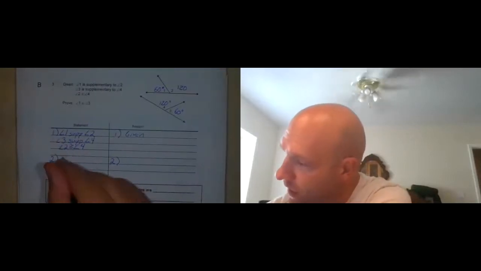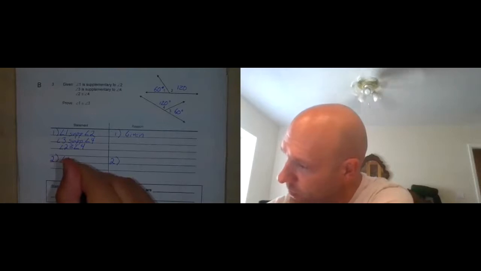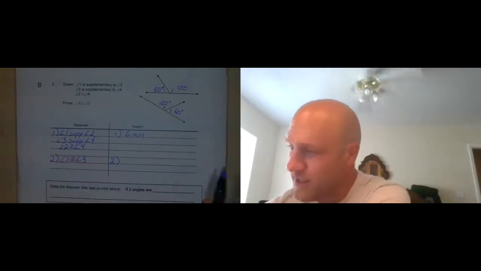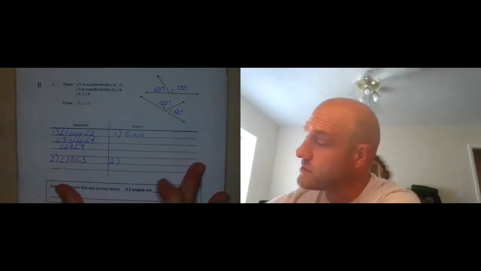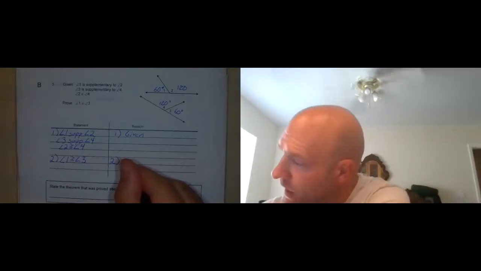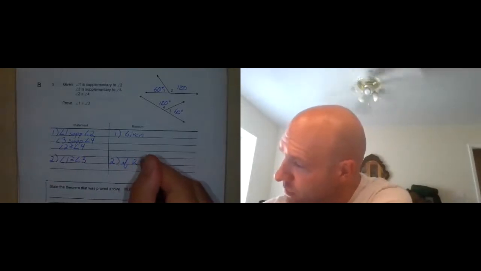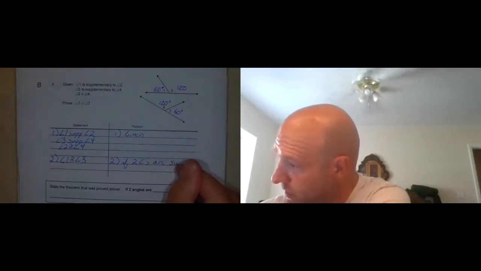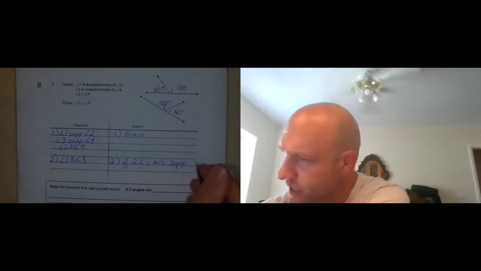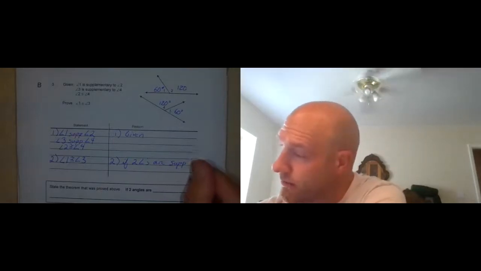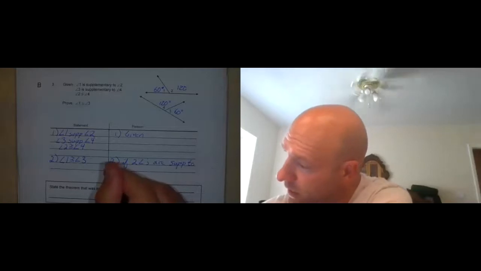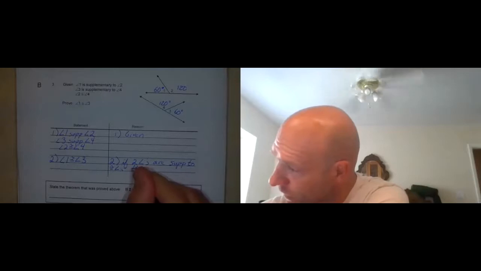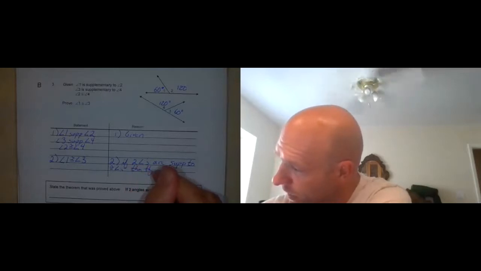Our theorem this time, which gets angle 1 congruent to angle 3, this isn't really a proof of the theorem, this is just me using it, is if two angles are supplementary not to the same angle, not to each other, but to congruent angles, then they are congruent.